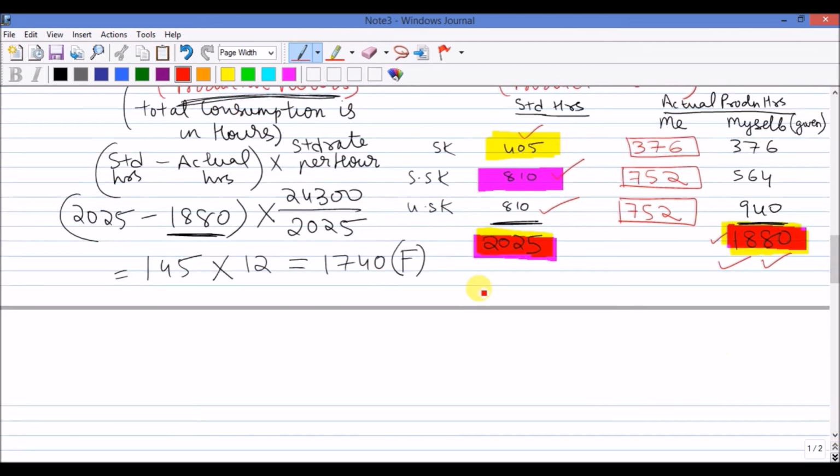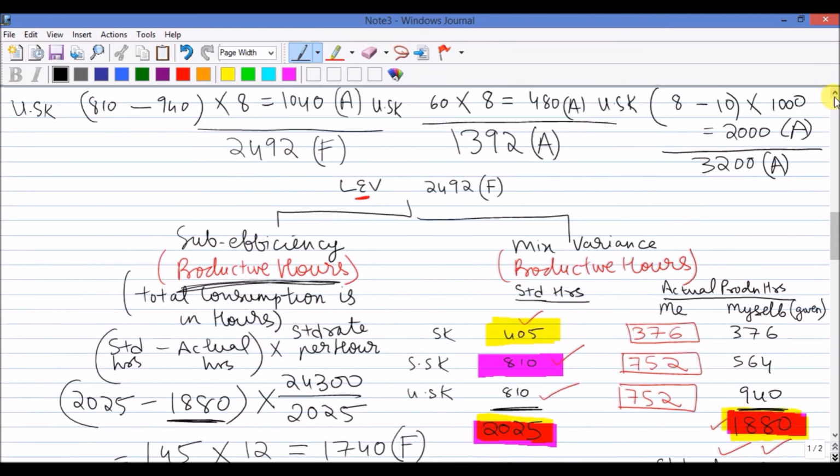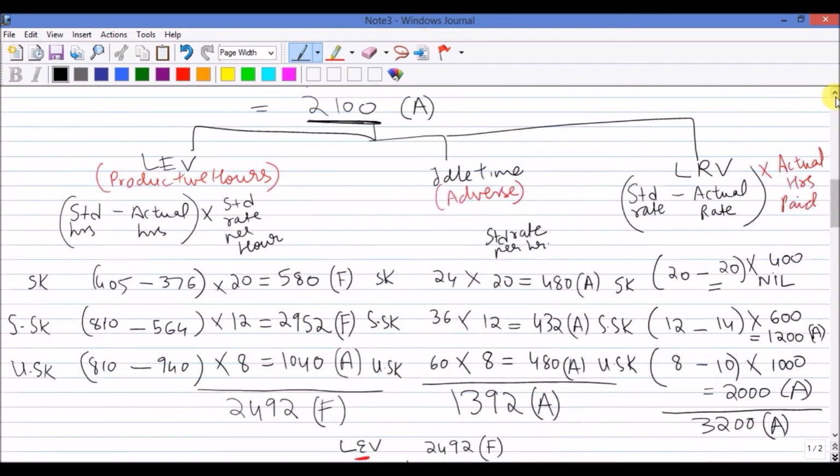So our formula is me minus myself, and remember, into the standard rate per hour. We are on the last part. Standard rate per hour, somewhere I had written 20, 12 and 8.